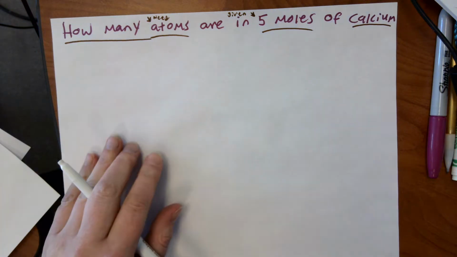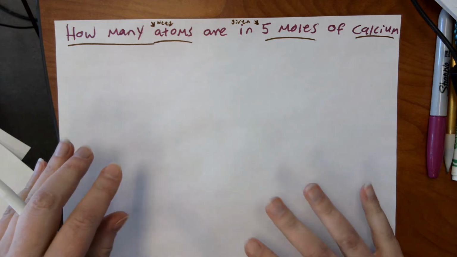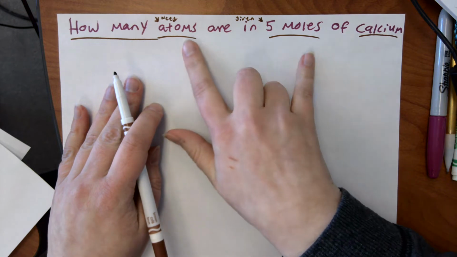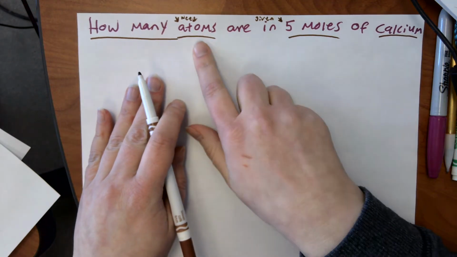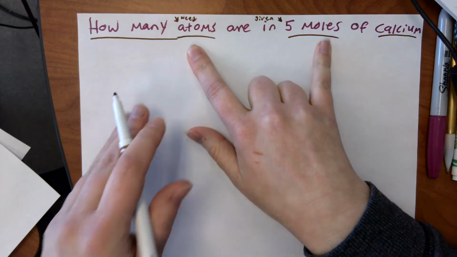Third thing you want to do is try and figure out, or recognize, conversion factors based on the relationships that you've noticed. Okay, so for instance, what do we know is the relationship between atoms and moles?